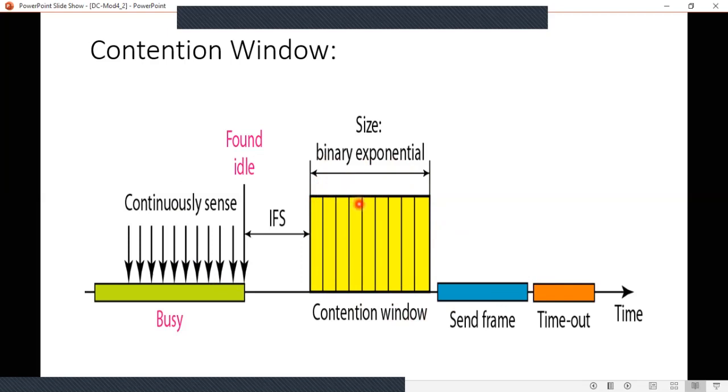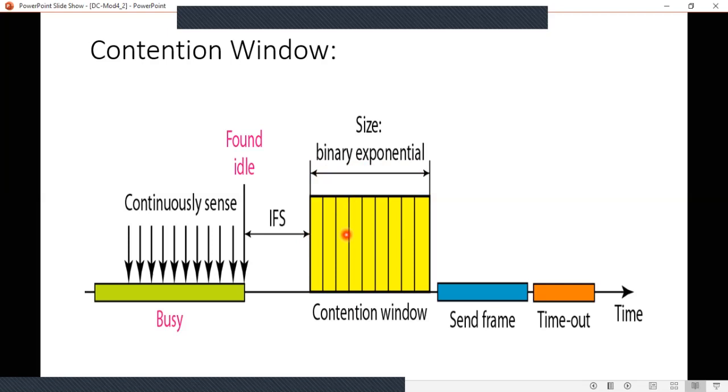This contention window is the time period divided into n number of slots. These slots follow the binary exponential. When a station wants to send, it will choose a random slot, any one of the slots, as its wait time.